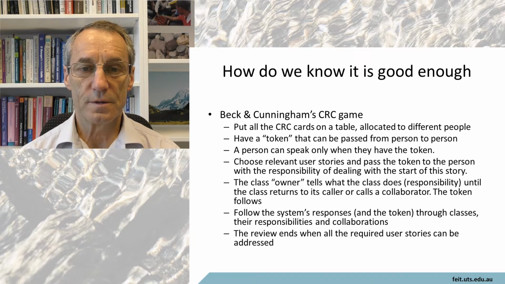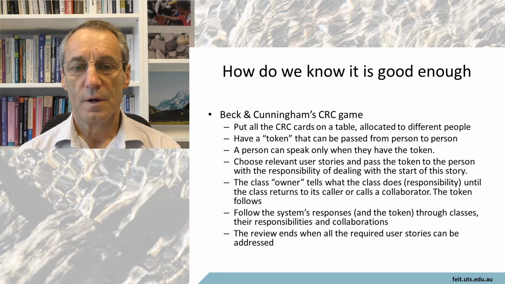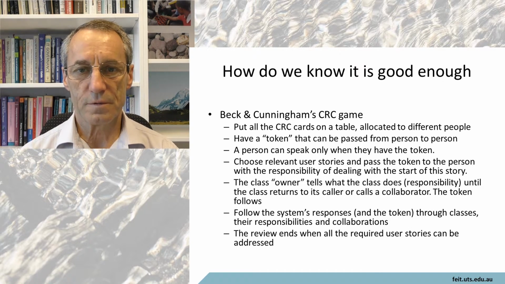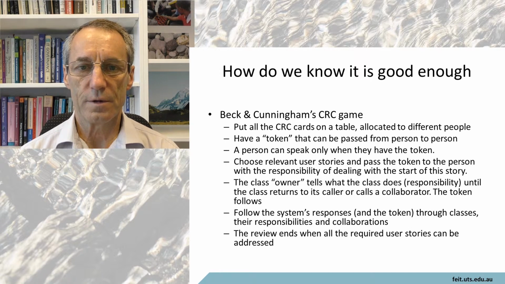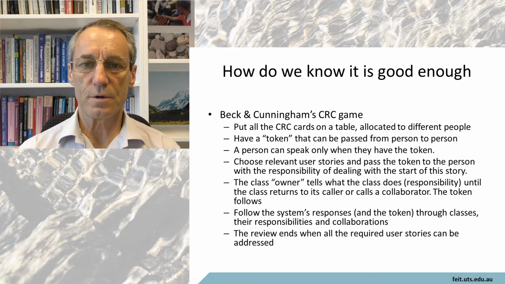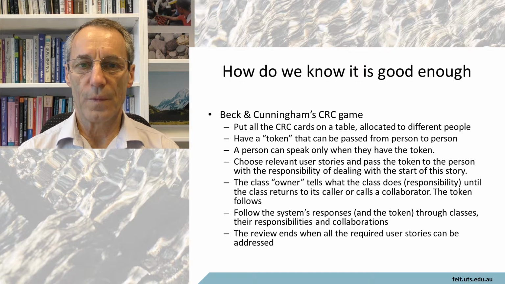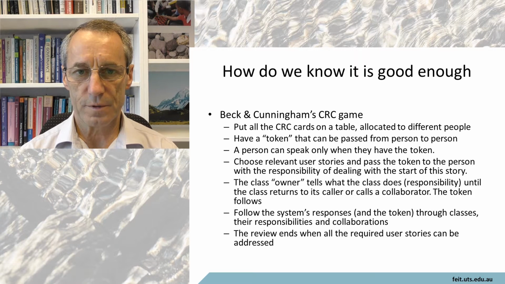It's a very good method, and that is, you have people sitting around a table, and they all have responsibility for some collection of classes or objects in the system, and there is a token. The whole idea of the token is that whoever has the token describes what the objects in their responsibility do.